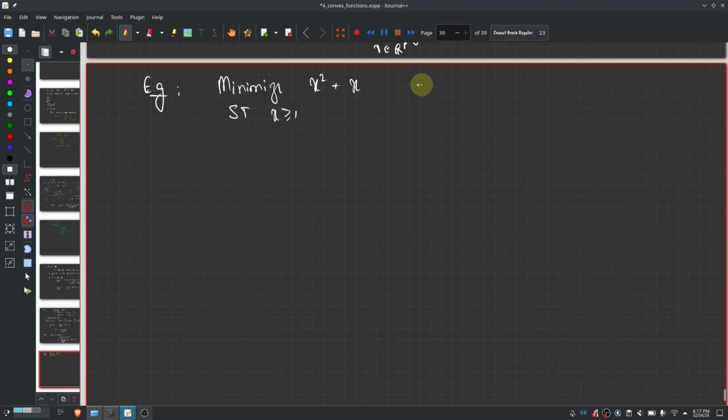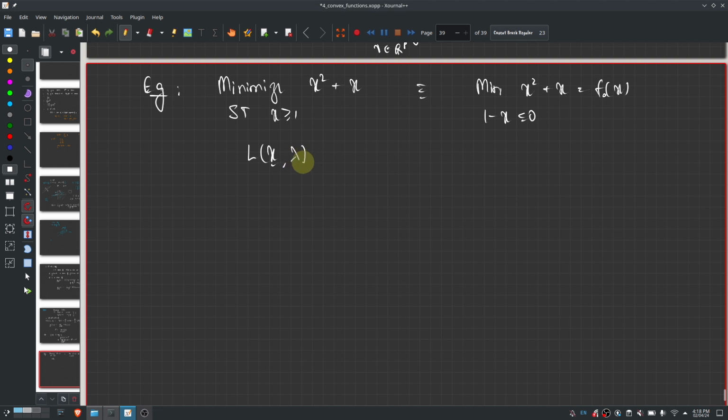So if I want to bring this into standard form, this is minimize x square plus x. This is my f0 of x, and I have one inequality constraint, and that is 1 minus x is less than or equal to 0. So what would the Lagrangian be?